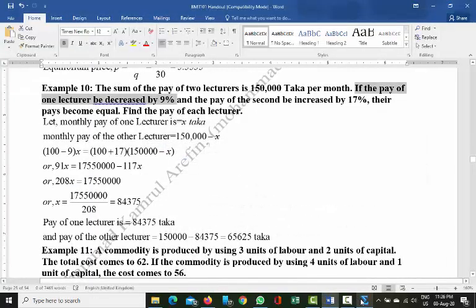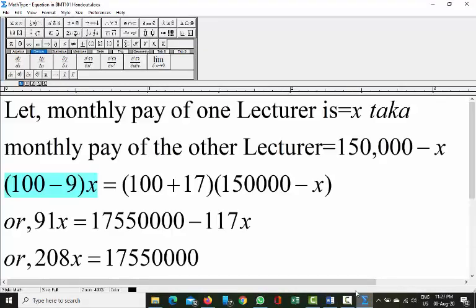And the pay of the second lecturer is increased by 17%, and their pay becomes equal. The pay of the second is increased by 17%, where 100 is the percentage base, that means plus 17.